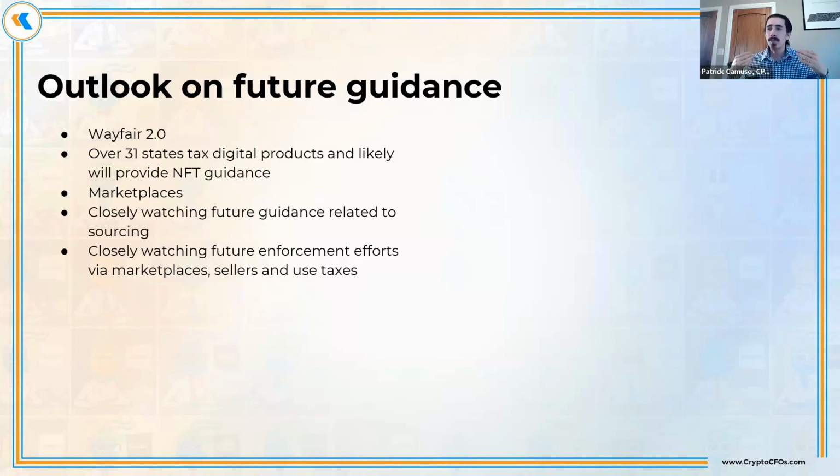So in instances where a state like Washington wanted to pursue retroactive taxes for someone that didn't properly collect and remit, and they don't have any of their customer information, based off the sourcing hierarchy, it would all revert back to the seller's address in Washington, and then all the sales would get taxed based off of that tax rate, and then obviously they would be on the hook for them.